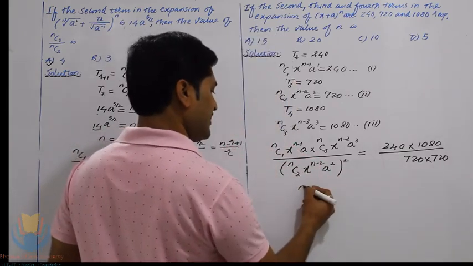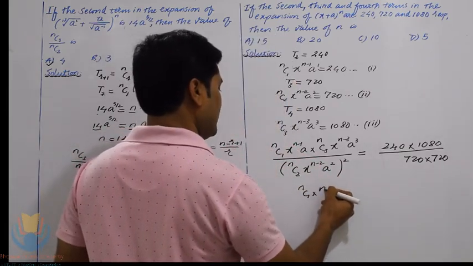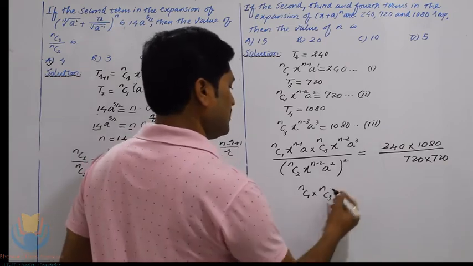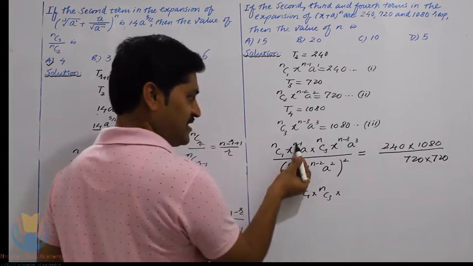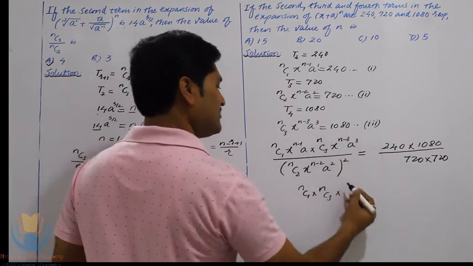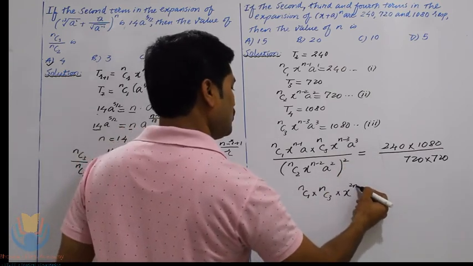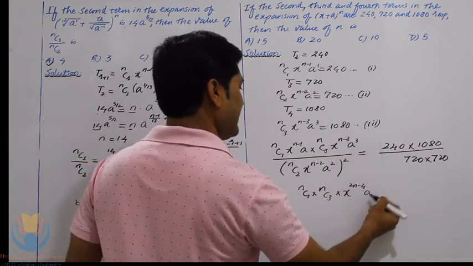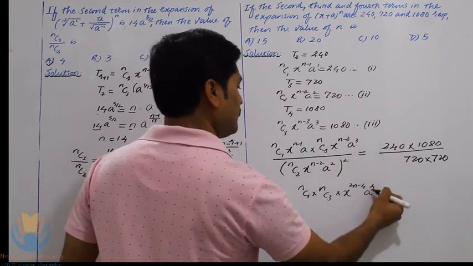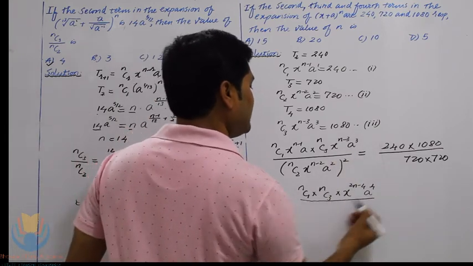So here first we will write nC1 into nC3, and x raised to n minus 1 and n minus 3 gives x raised to 2n minus 4, and a raised to 3 plus 1 is 4, same in the denominator.